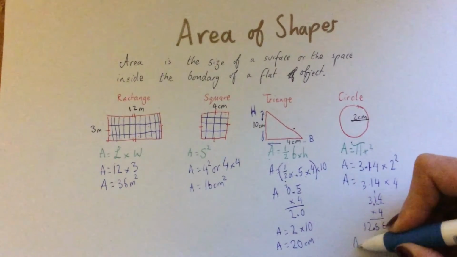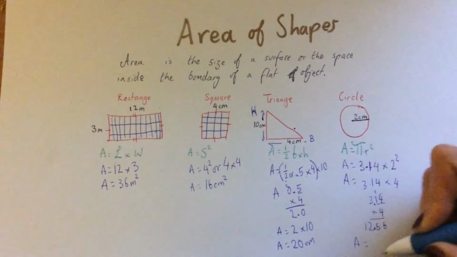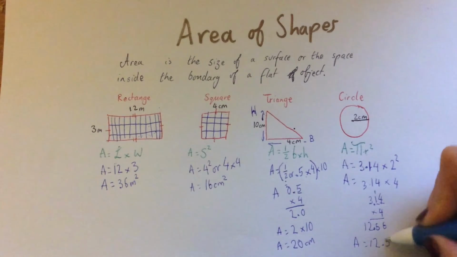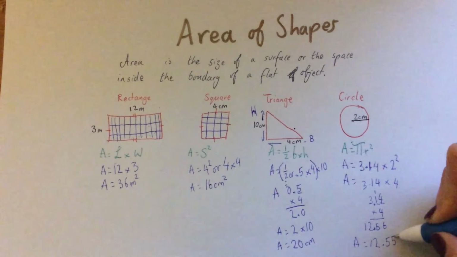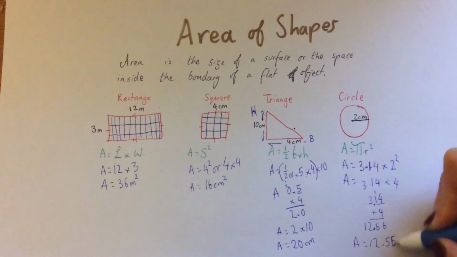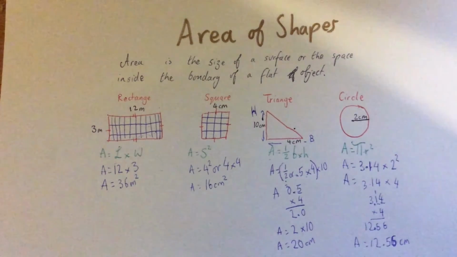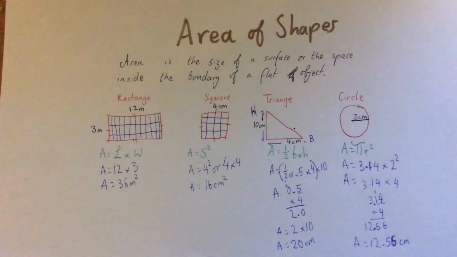So my area of this circle is 12.56 centimeters squared. Okay, so that's how you find out the area of a circle. Good luck, and remember to always show your working out.